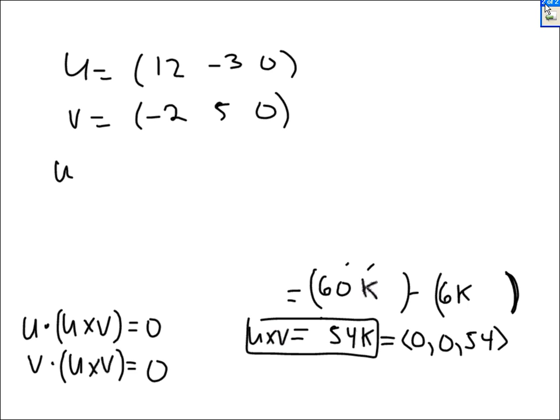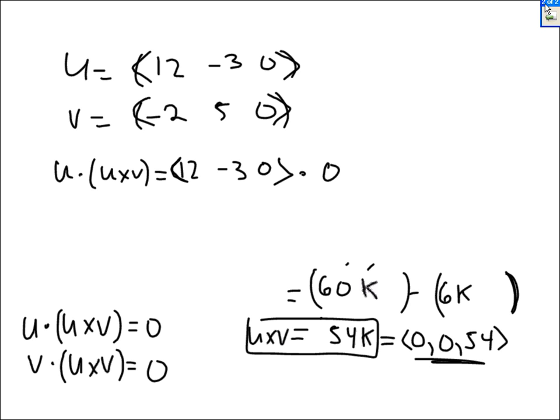So, u dot u cross v. Well, u is right above. It's 12, negative 3, 0. And I want to dot this, with u cross v, which is 0, 0, 54.